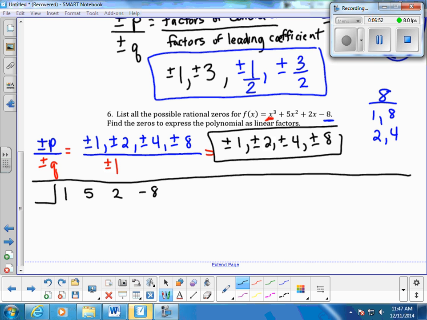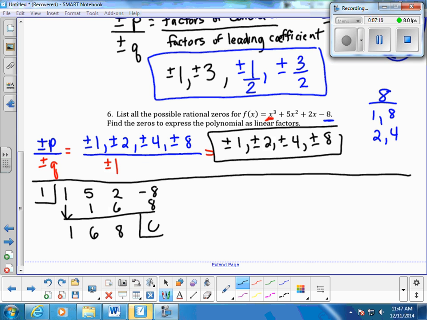Now I'm just going to start with positive 1. There's no rhyme or reason to how you start or progress through these. You just start with 1 and just plug it in and try it. So I'm going to start with positive 1, and I'm going to do synthetic division to it. 1 times 1 is 1. Add down, start over. Then I'm going to say 1 times 6 is 6. Add down. 1 times 8 is 8.